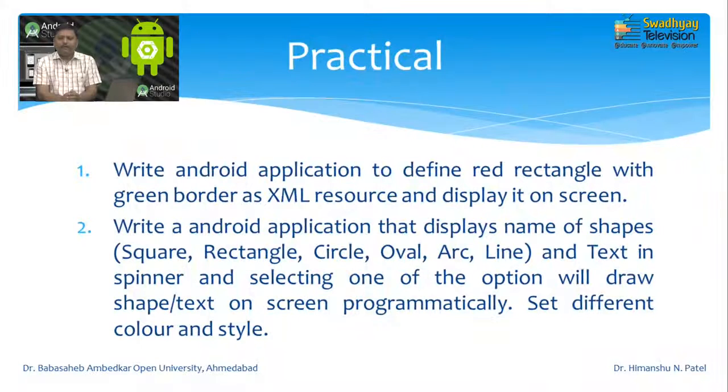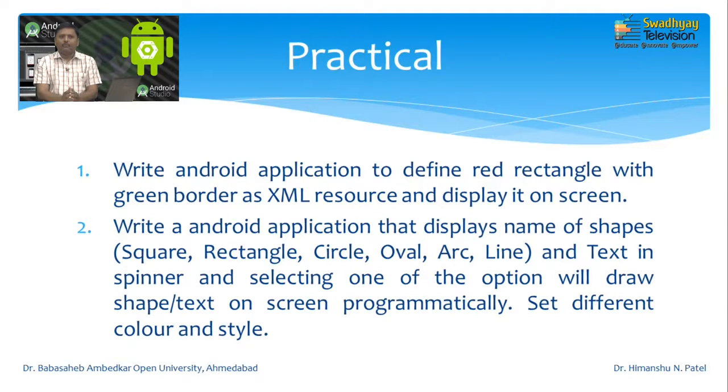Today we will write two applications. One, to define a red rectangle with green border as an XML resource and display it on screen. And second, we write an Android application that displays the names of shapes and text in a spinner, and when you select a particular option, it will draw that shape on screen programmatically, and we will set different colors and styles for these shapes.